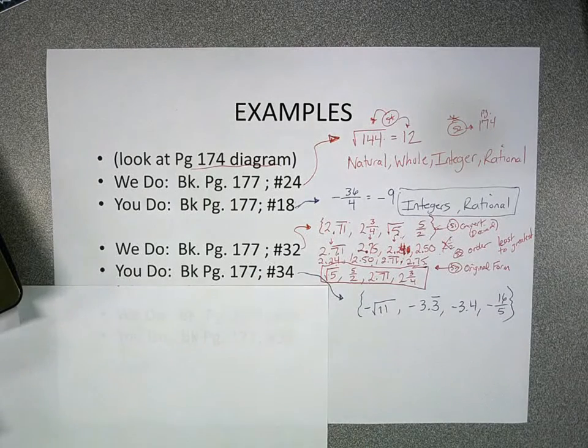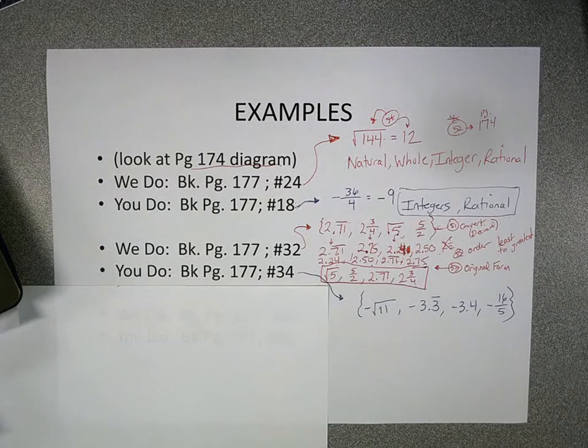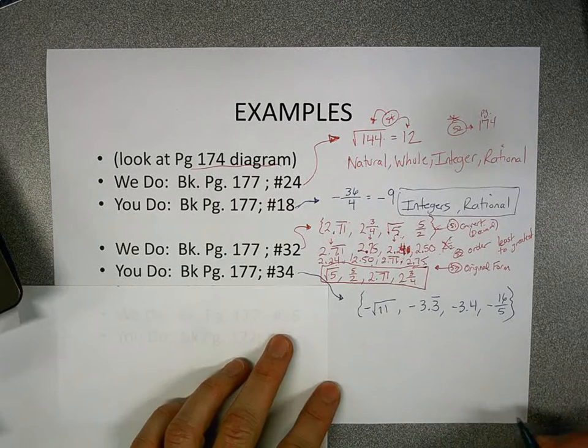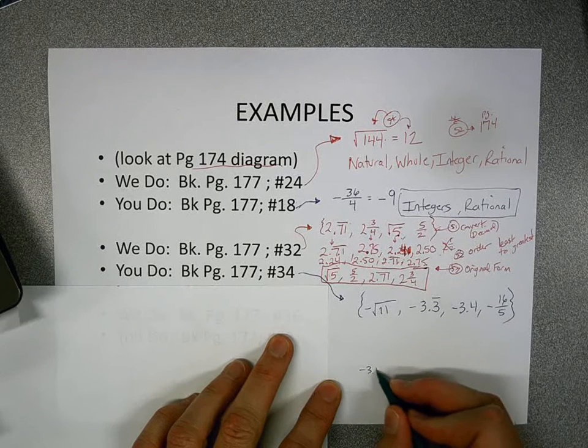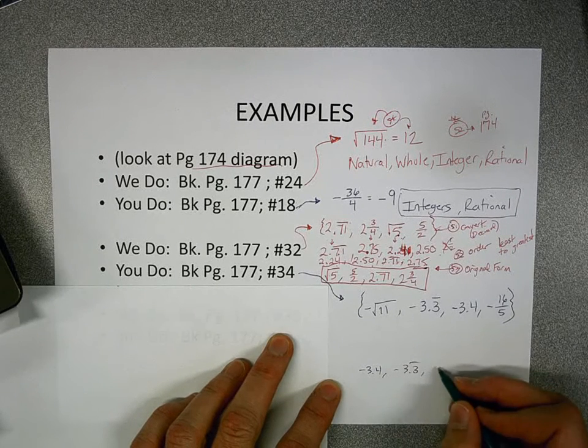Let's start with some answers here, ordering them from least to greatest. Seat 39: I got negative 3.4, negative 3.3 with bar notation, negative square root of 11, and negative 16 over 5.